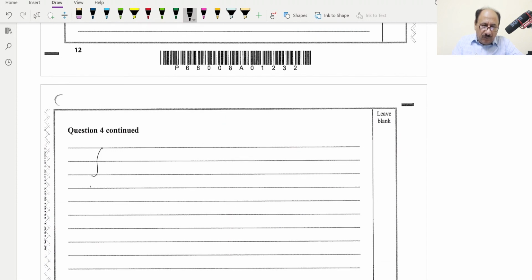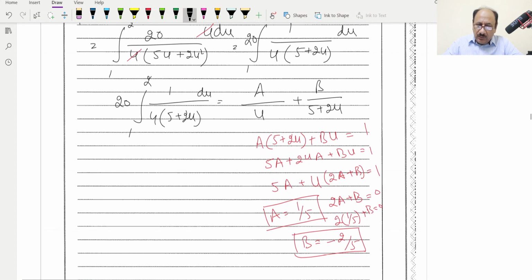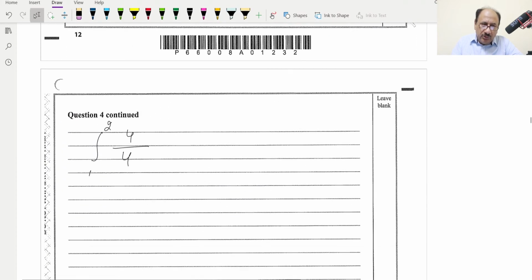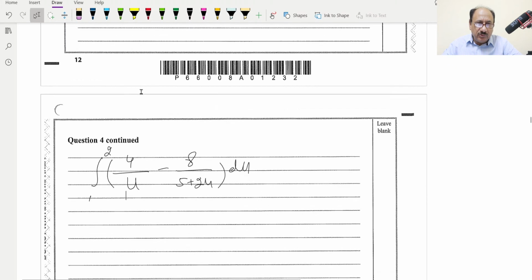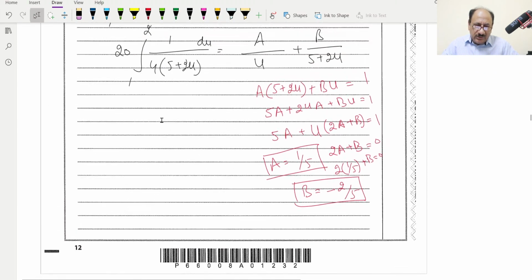So integral from 1 to 2, 4 over u minus 8 over 5 plus 2u du. How did we get this 4? 1 by 5 multiplied by the a value over u. This was 1 over 20.